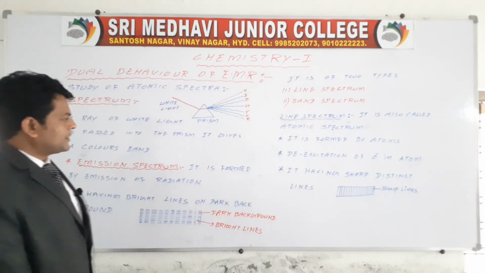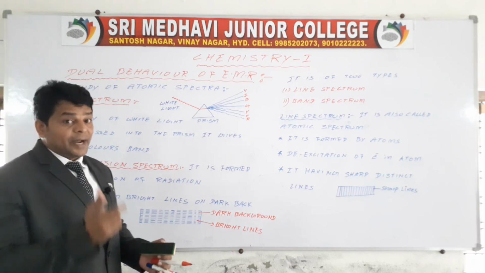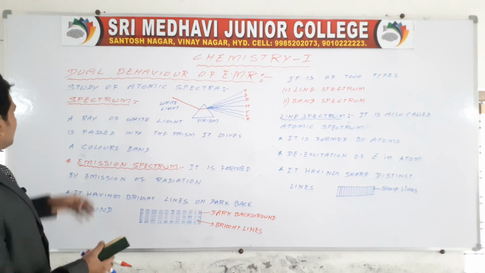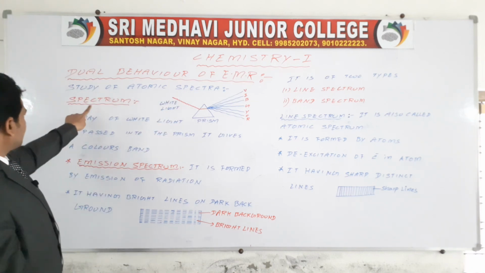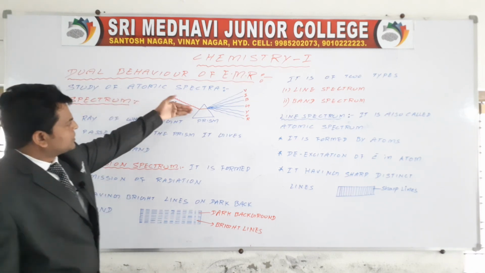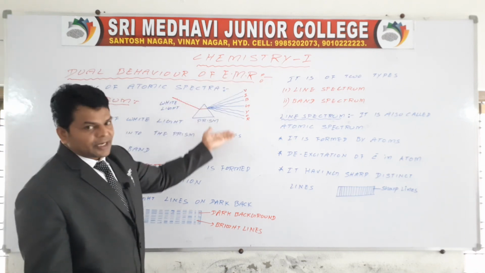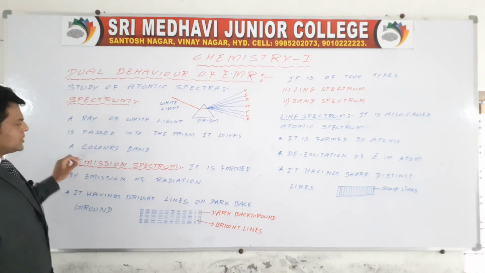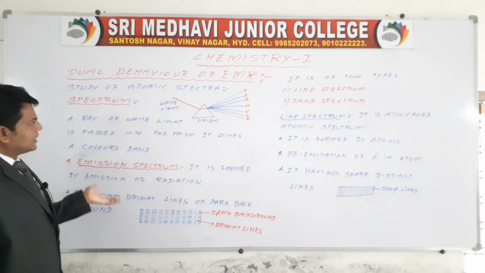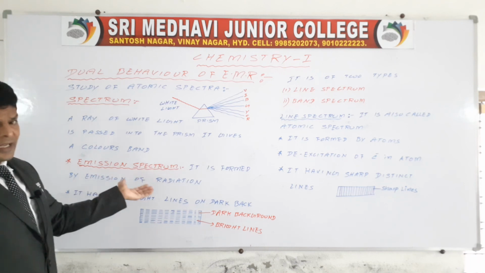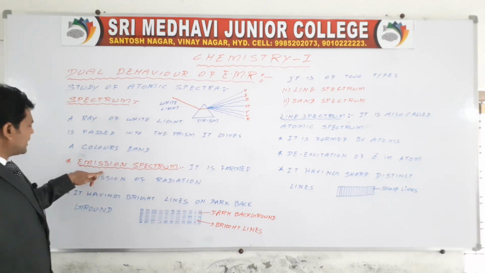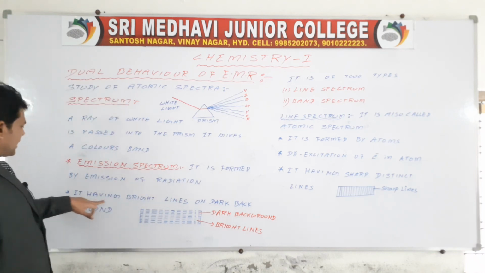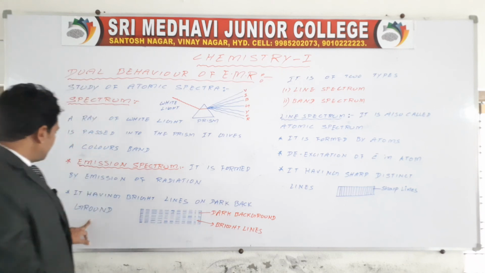Line spectrum. Next we have to know band spectrum. Studying atomic spectra, first of all you know a spectrum: when white light is passed through a prism, it is resolved into a continuous array, which is called a spectrum. It is of two types, emission spectrum and absorption spectrum. Emission spectrum is formed by emission of radiation and has bright lines on a dark background.